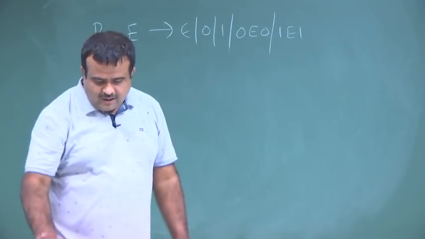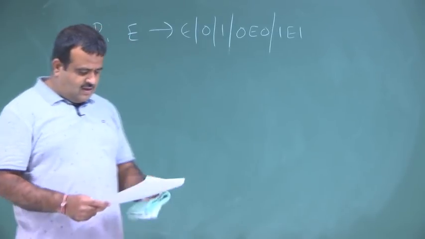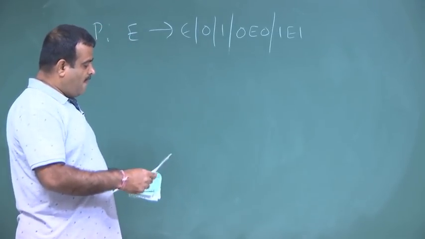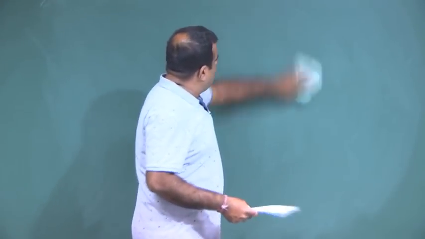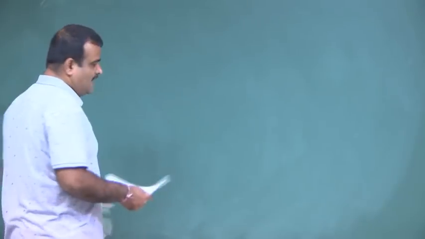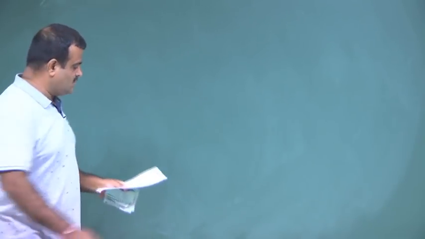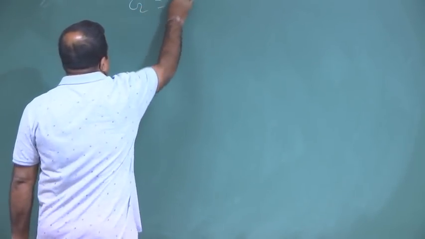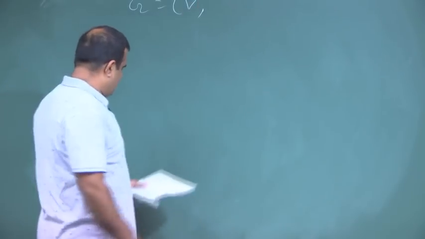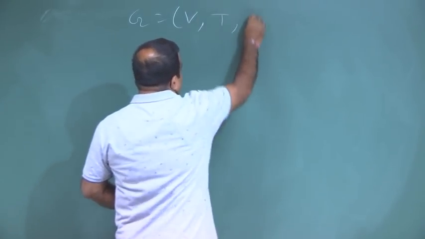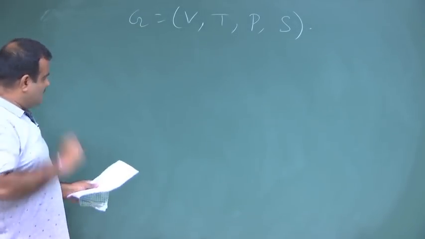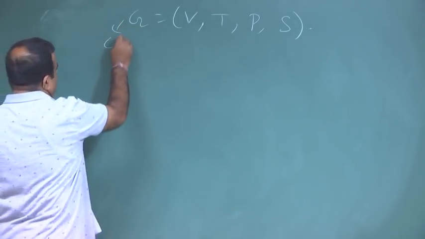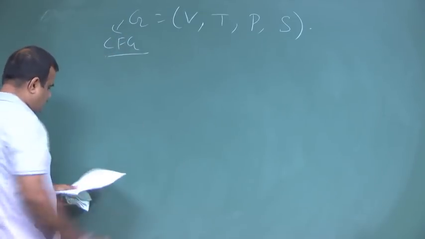Now we will formally define the language accepted by a context free grammar. Suppose you have a context free grammar G, which is V, T, P and S. This is our CFG.